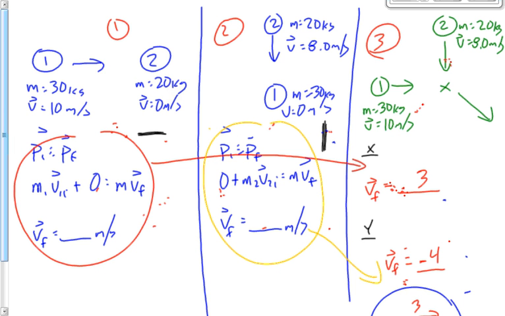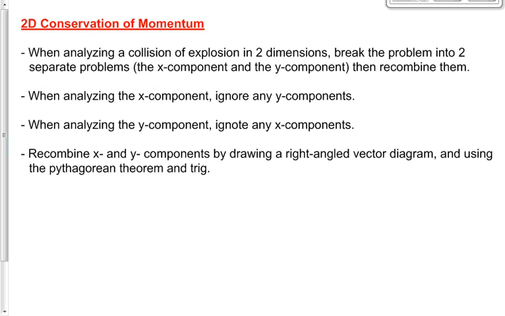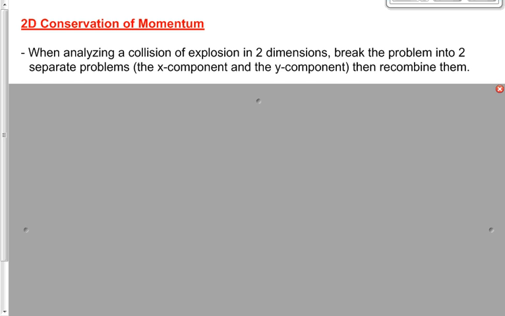All right? Okay, I'm going to flip the page, give you a couple minutes to write down a little bit of notes on this just to refresh your memory in words as opposed to just pictures. When analyzing a collision or explosion in 2 dimensions, we want to break it up into 2 separate problems, the x and the y.